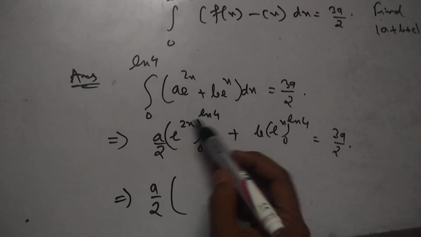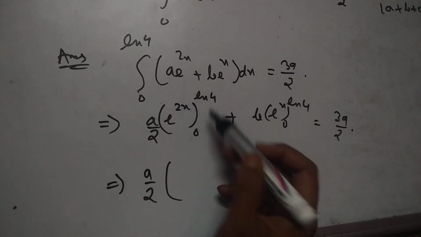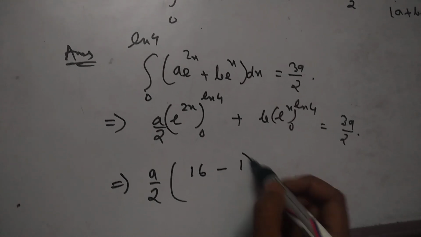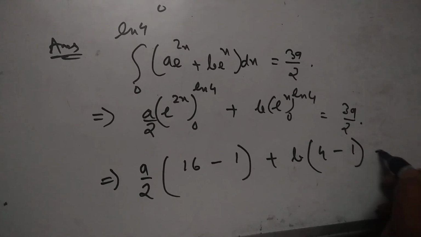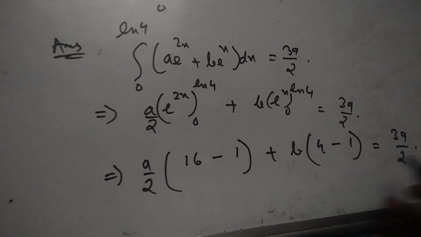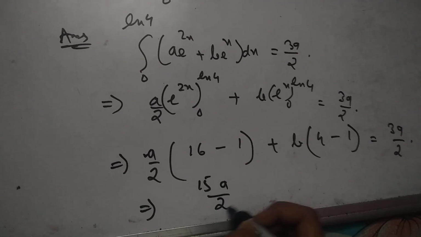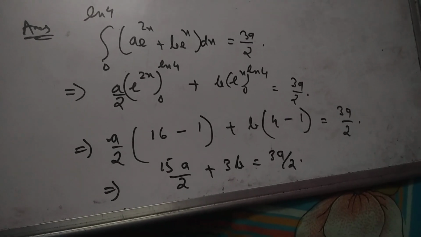So we get, if we put ln 4, 2 comes in the power of 4, so it will be 16 minus 1 plus b 4 minus 1 equal to 39 over 2. So we get 15 a by 2 plus 3b equal to 39 over 2.